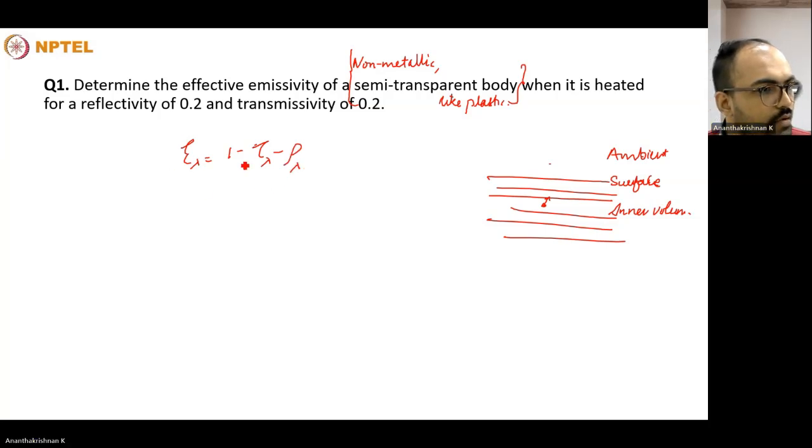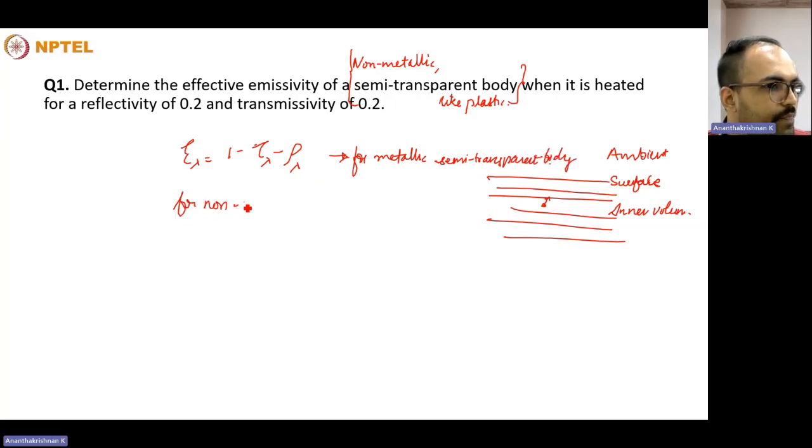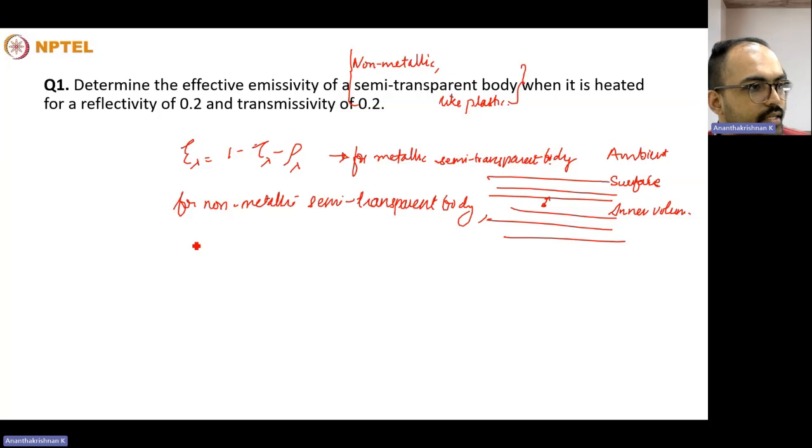But for a non-metallic semi-transparent body, this takes the form of a geometric series, and we can arrive at the spectral emissivity as a function of the reflectivity and the transmittivity by this form.